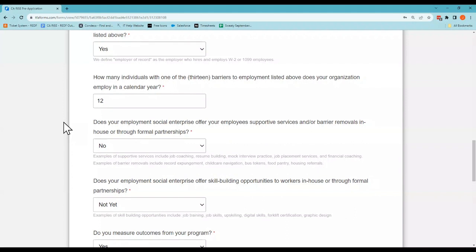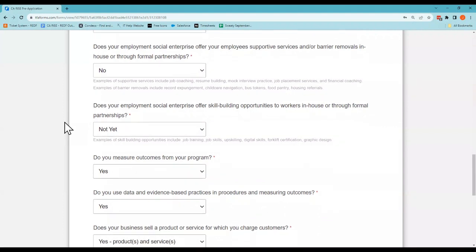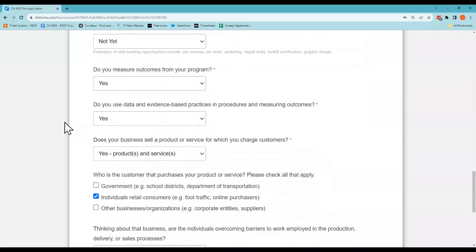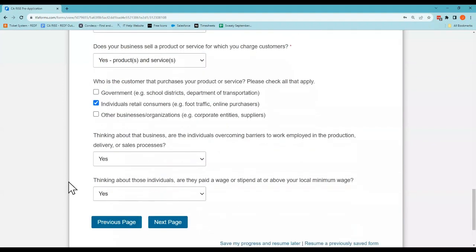The last four questions are about the business your employment social enterprise operates. If your business does not have customers, please leave the question unchecked. If you have multiple customers, check all customer types that apply. The last two questions are about your participant workers and their role and wage at your organization.